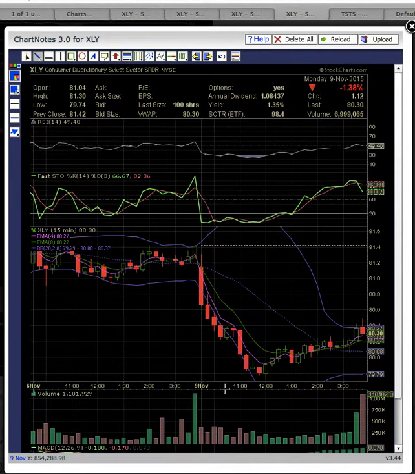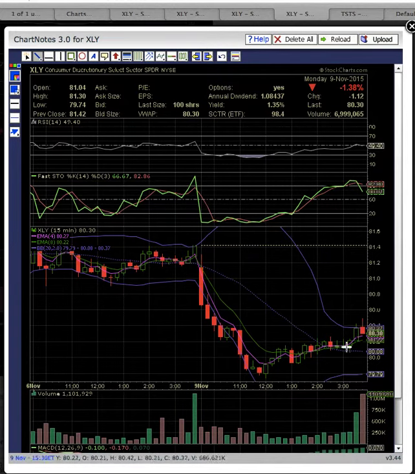This is the 15-minute chart. This is a 2-day chart, so it's showing Friday's action here. It was kind of a consolidation day. Today there was a big drop at the open, and then there was a bounce down here at this 79 level, and then there's been an uptrend that started at 2 o'clock when candles were forming above.